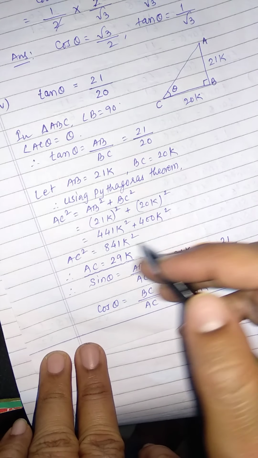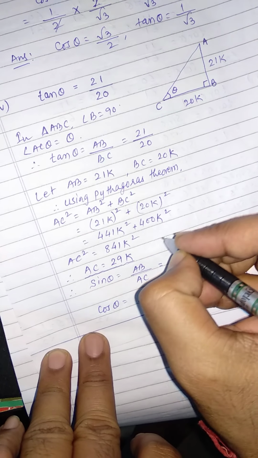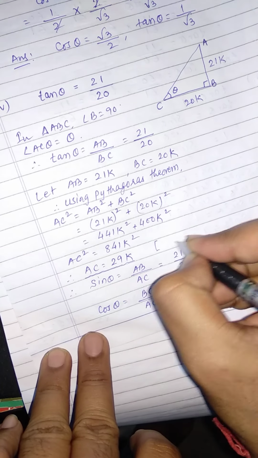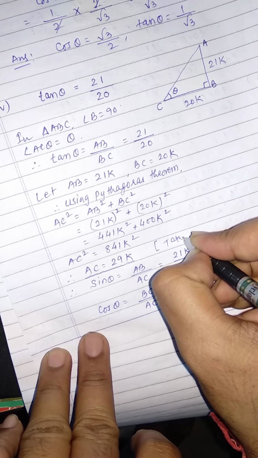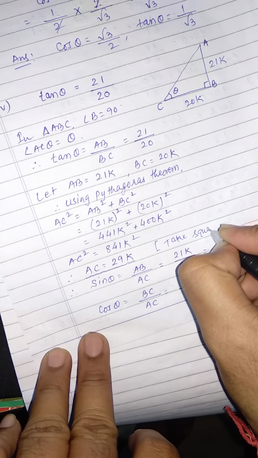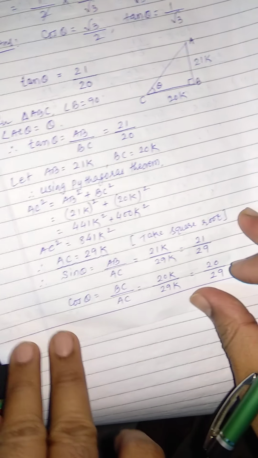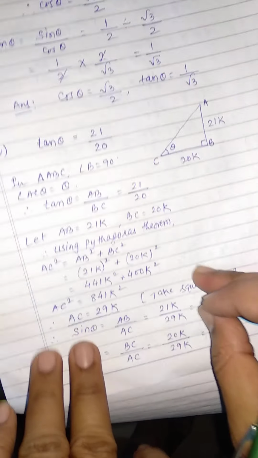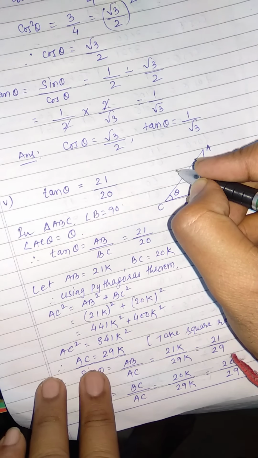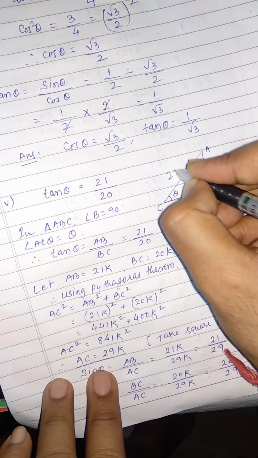Now take the square root, so you will get AC as 29k. Okay, so now you know all three sides of the triangle.